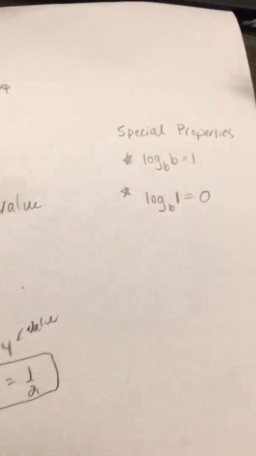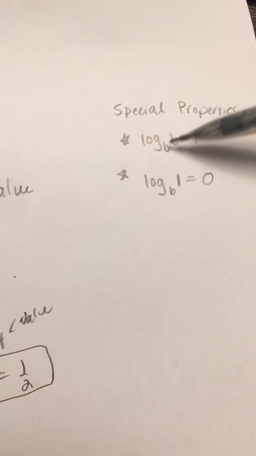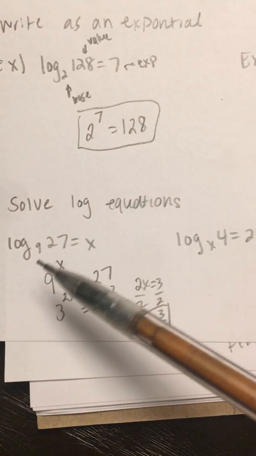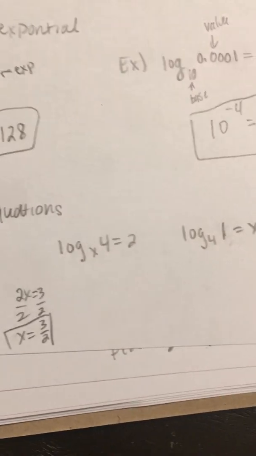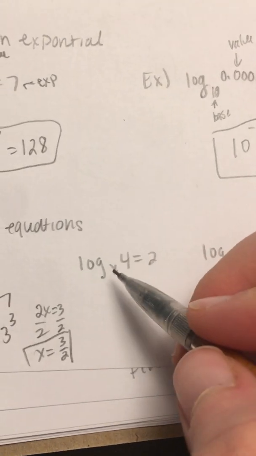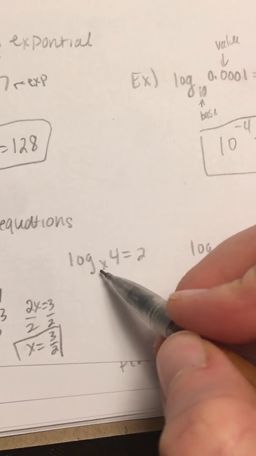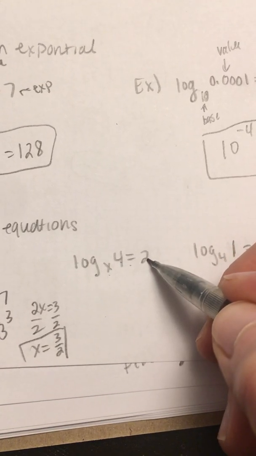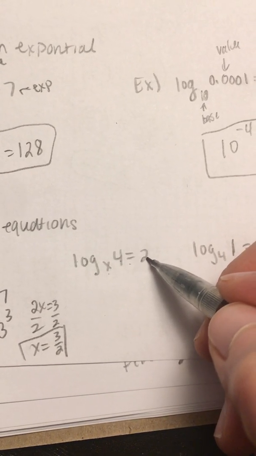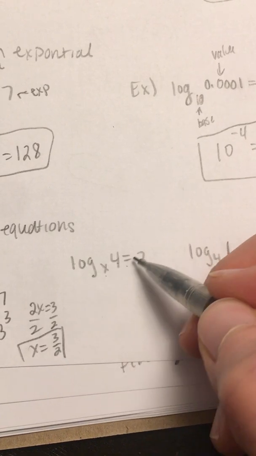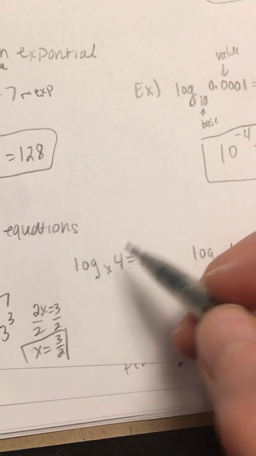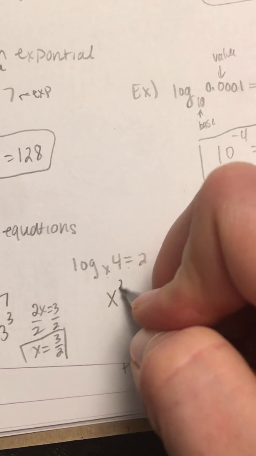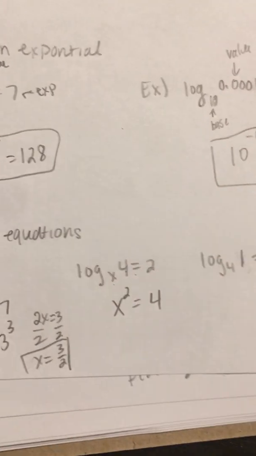Keeping in mind these being the same or this being a 1, thinking through that, I'm not seeing that here, so I'm going to go ahead and switch forms. Log to the base of the value equals the exponent. So to write it exponentially, this is the base, this is the exponent, and this is the value. Base, exponent, value.